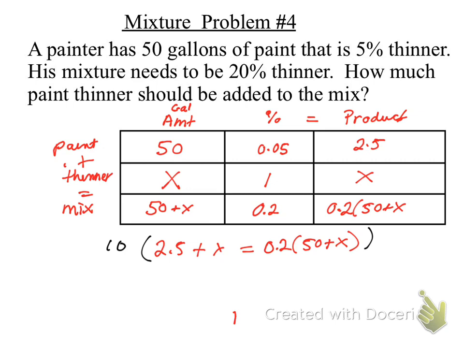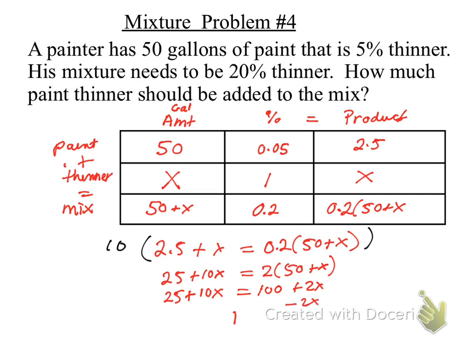And we end up with 25 plus 10X equals 2 times 50 plus X. So it's 25 plus 10X equals 100 plus 2X. Minus 2X minus 2X, right? That becomes, and here I'm going to do minus 25 minus 25. We get 8X equals 75.